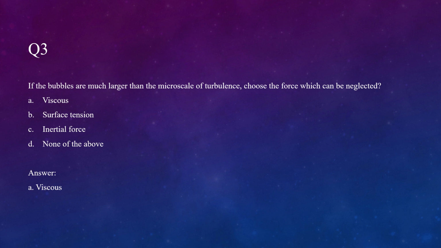So the only force which can be neglected when the bubbles are larger than the microscale of turbulence is the viscous force, because at that scale it would not be playing a very significant role. Even if we neglect it, it would not significantly affect the bubble formation. So we'll go on to question 4.